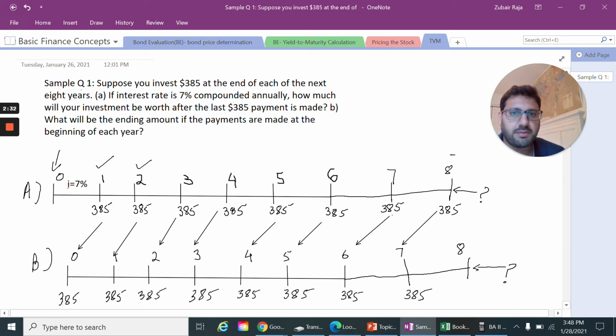So we can see that because there are equal payments and the payments are happening after a fixed interval of time, after every year, this is the example of the ordinary annuity.